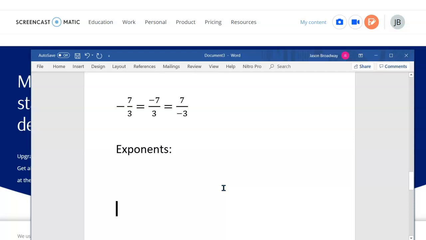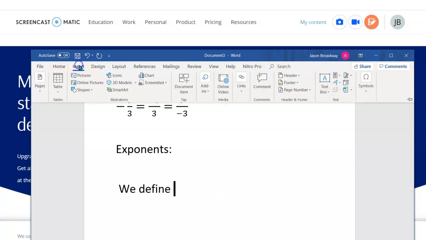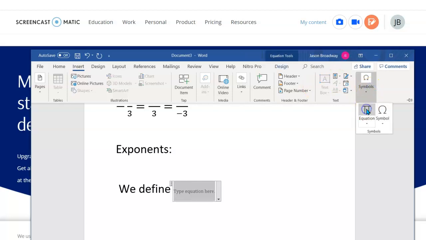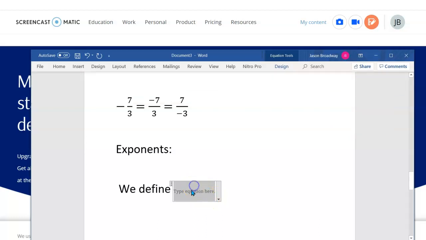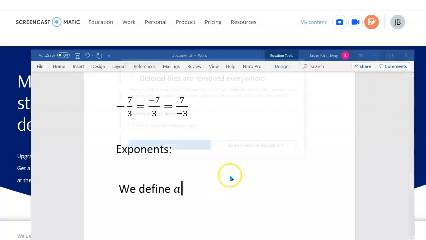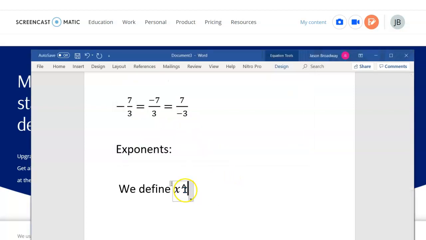So let's talk about exponents. We define anything to the 0 power to be 1. If you raise anybody to the 0 power, you'll get 1, with the exception that x does not equal 0.